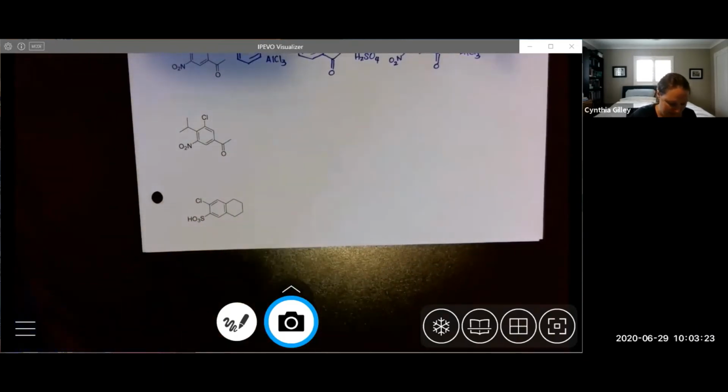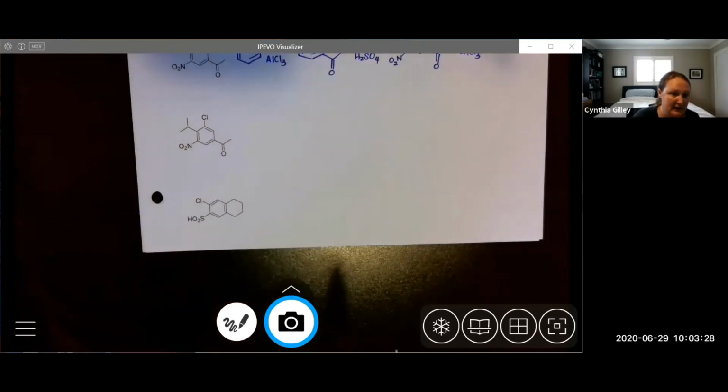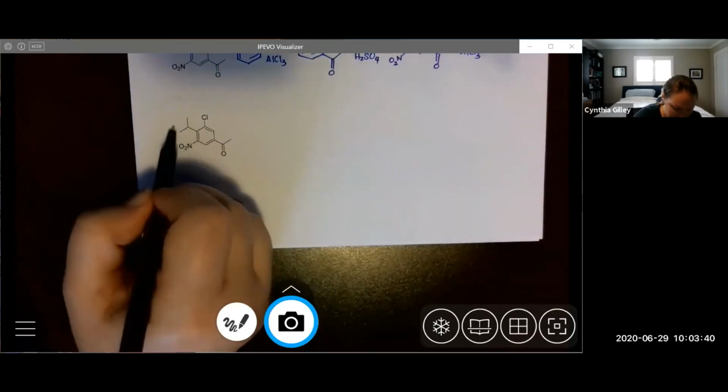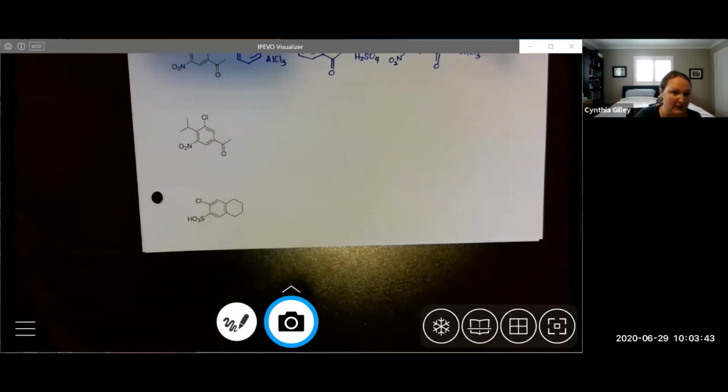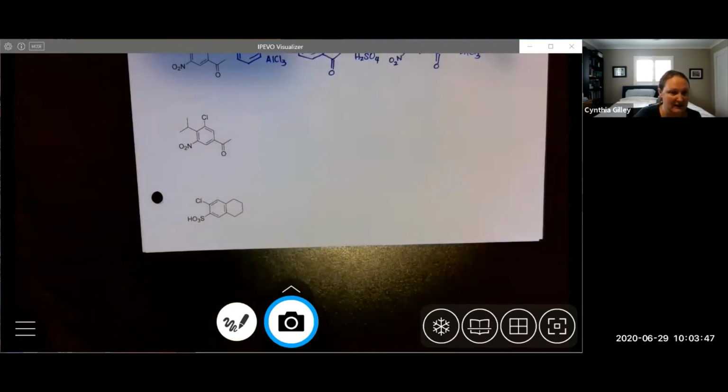we have an isopropyl group, a halogen, a nitro, and an acyl group. So it kind of reminds me of the previous one, but with this added isopropyl group. One of the things I think about when I look at something like this is the fact that this isopropyl group is an ortho para director. And all these groups are ortho para to it. So it might be nice to use that as a directing group, introduce all those other groups.